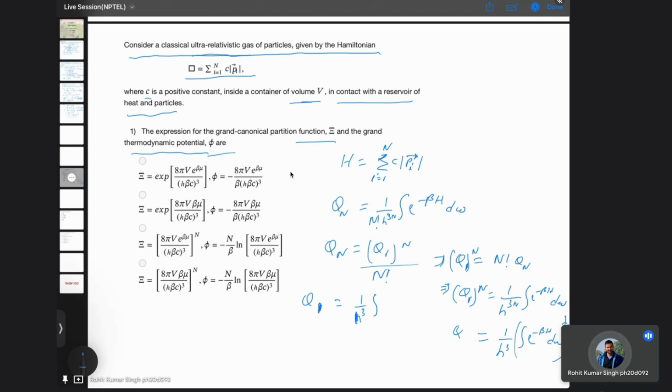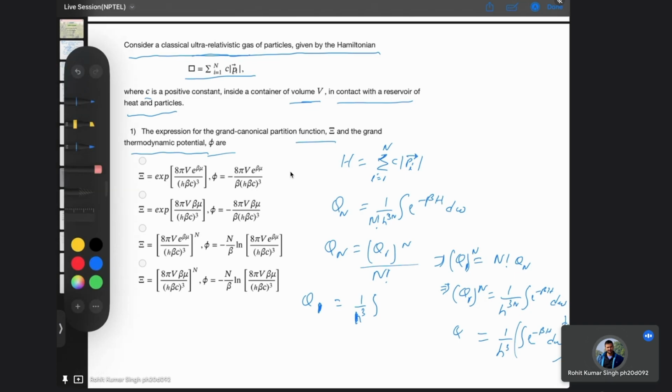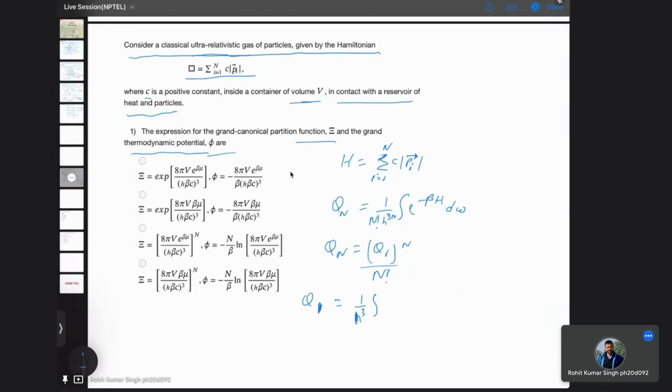Actually no, it doesn't work like this in this case. I mean, you can derive, through this also you will go to the same result, but we have this expression, right?